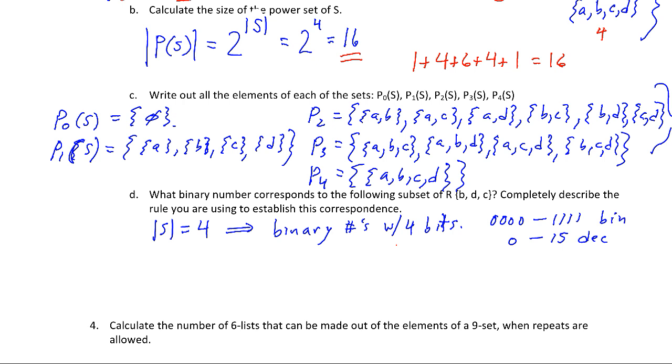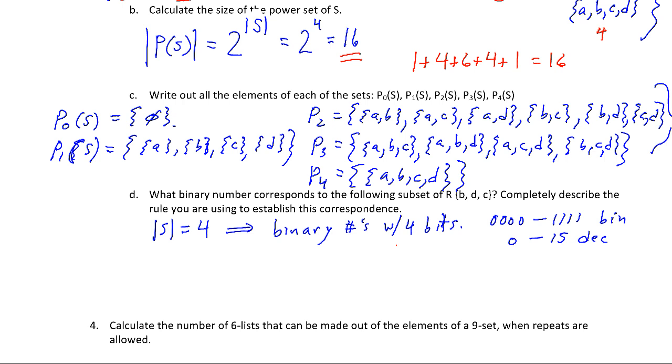It's great because when we count 0 through 15, we get 16 elements, which is exactly the number of elements in the power set of S. And so there is a one-to-one correspondence between binary numbers and elements of the power set.